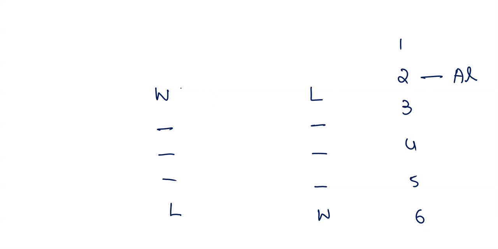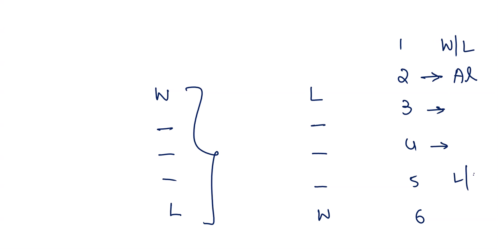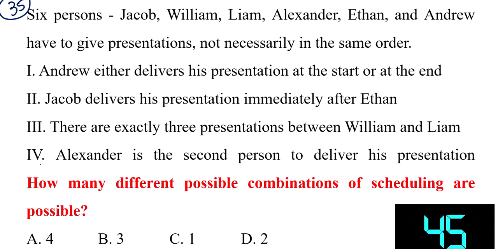Now there are three slots between them, and the only possibility here is William or Liam, because Alexander is taking the second position. The positions can be from 2 to 6, or 1 to 5. That's the only possibility. 2 to 6 is closed because the second position is occupied by Alexander.